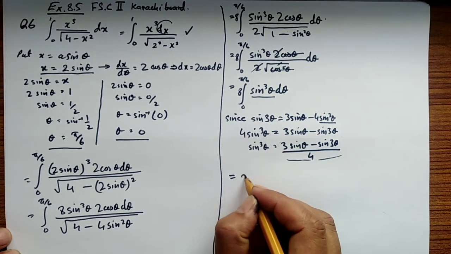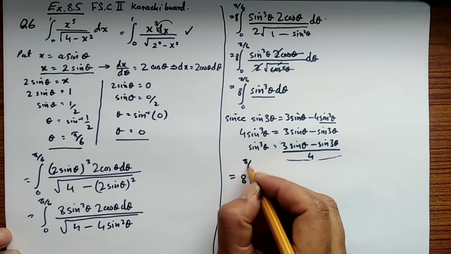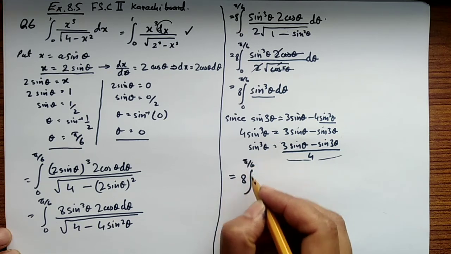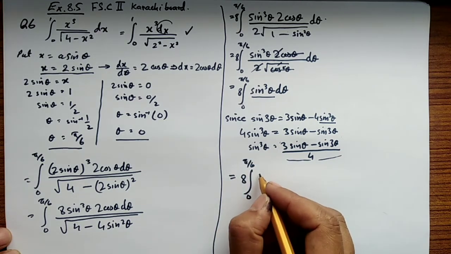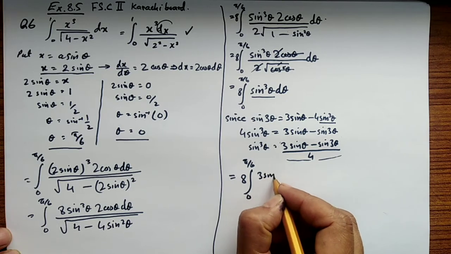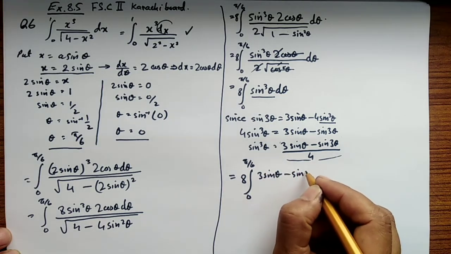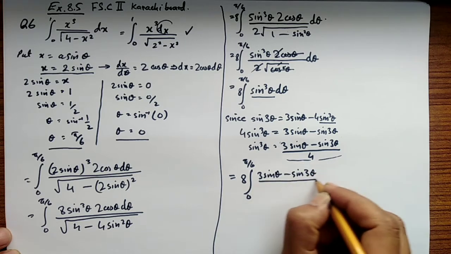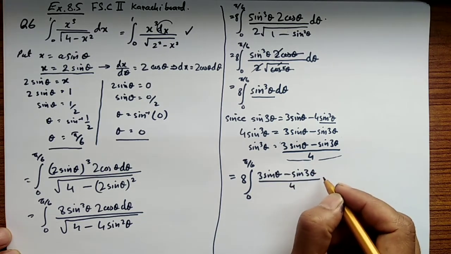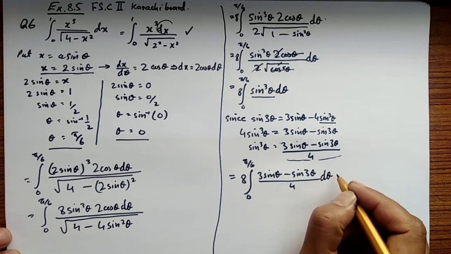So that will be 8 times the integral from 0 to pi upon 6 of 3 sine theta minus sine 3 theta divided by 4 d theta, right?